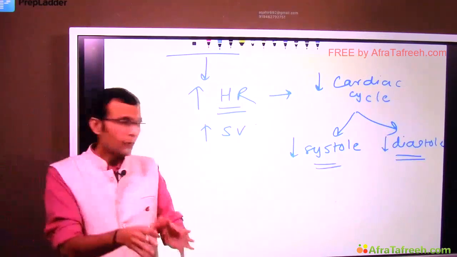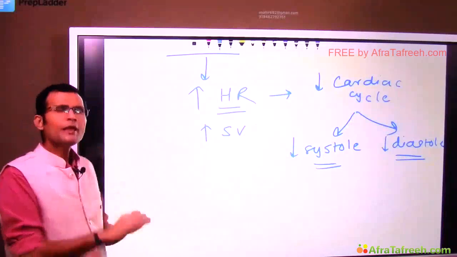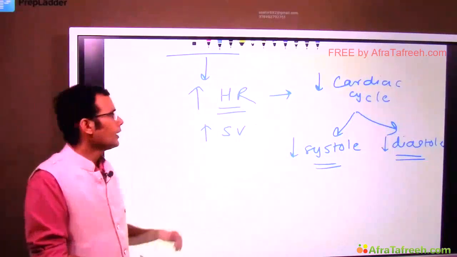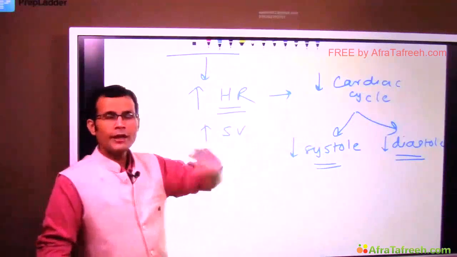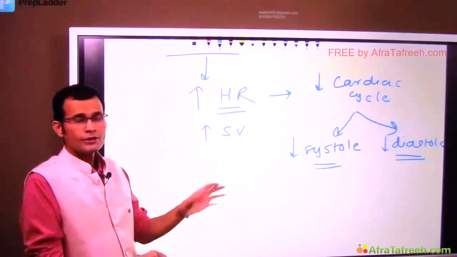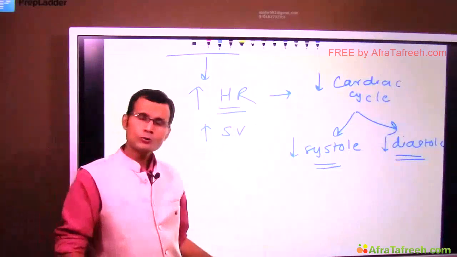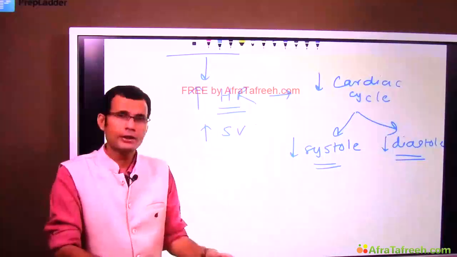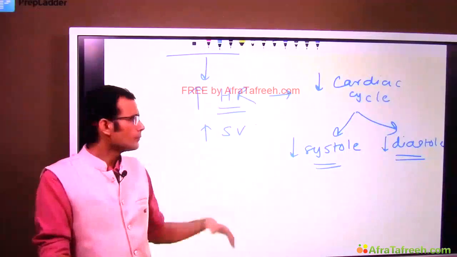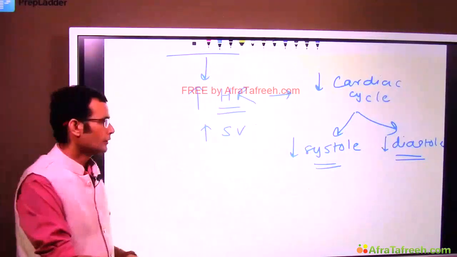Try to understand what I am trying to explain. If the heart rate increases under the influence of catecholamines, the cardiac cycle length is shortened. That means systole will also be shortened and diastole also. But remember, diastole duration decreases to a much greater extent. Anyway, both are reducing in duration.